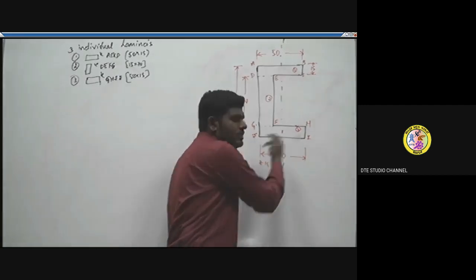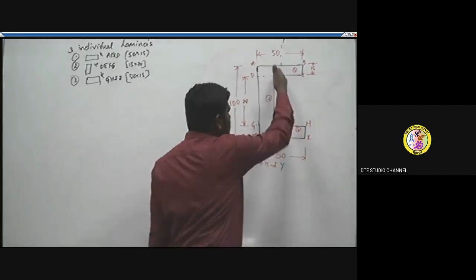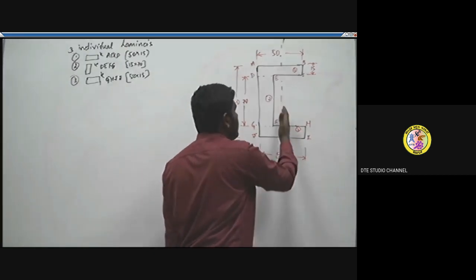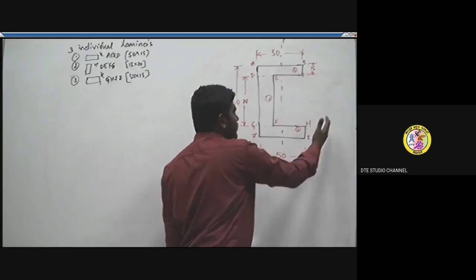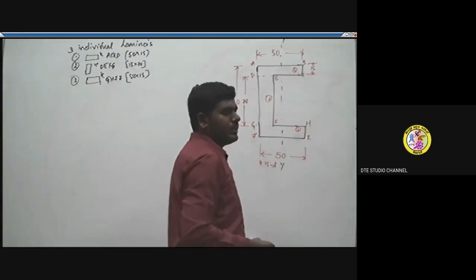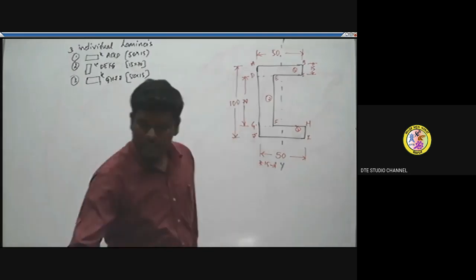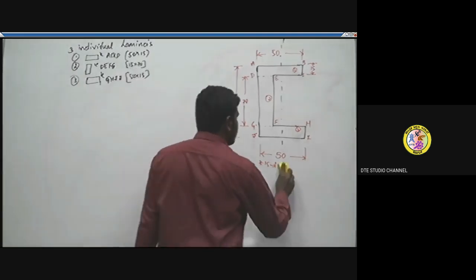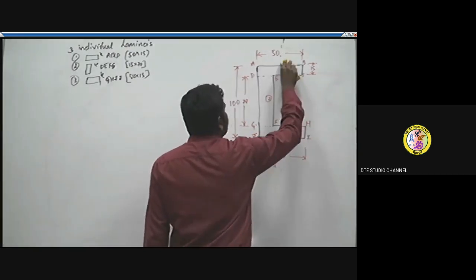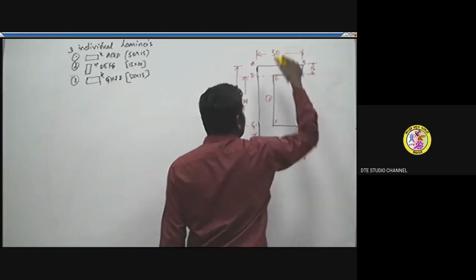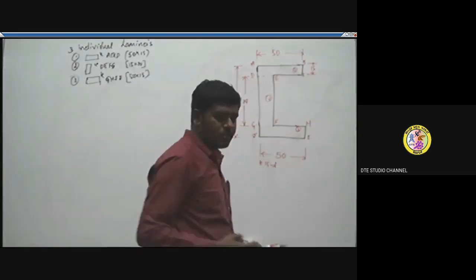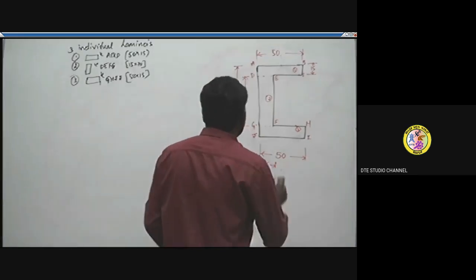Just look at the channel section: I'm cutting it with this plane, y. This plane is not dividing the channel section into two equal areas. So it is not symmetrical about the y axis, because it is not distributing the area of the whole section into two equal parts. So we cannot consider the given section symmetrical to the y axis. Let's take the x axis.